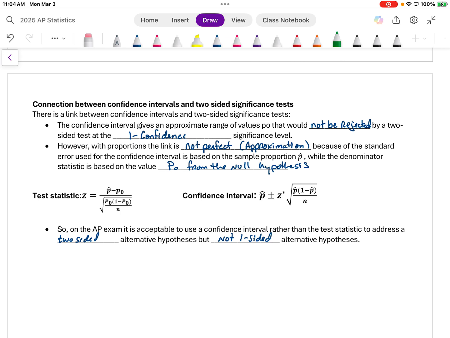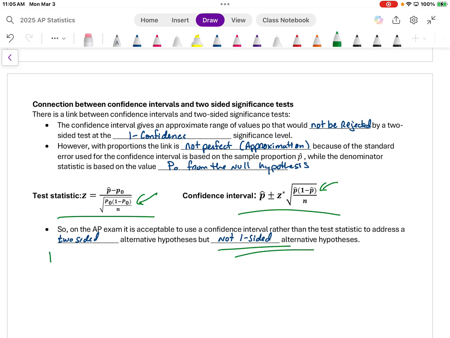So there is a difference, and it's not perfect, because when you look at how we calculate the bottom of the test statistic, we're using the null hypothesis amount, whereas a confidence interval uses the sample value in the standard error part. On the AP exam, it is acceptable to use a confidence interval rather than a test statistic to address a two-sided alternative hypothesis, but you're not allowed to do it with a one-sided.